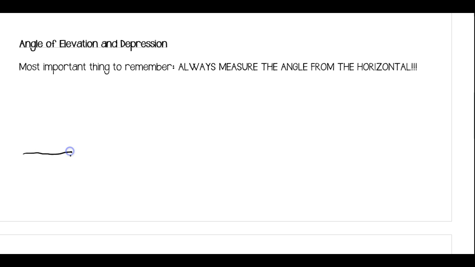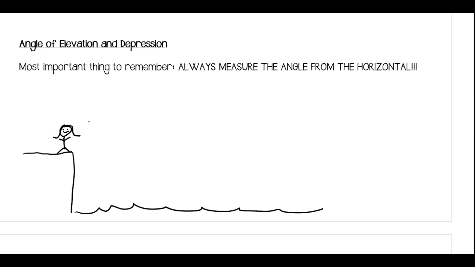I'm going to have a cliff, and then we're going to have some water here, and we're going to have a person standing over here, and we're going to have some birds flying up here, and I'm going to have a sailboat down here. Make sure we put a person in there so someone's steering the boat.